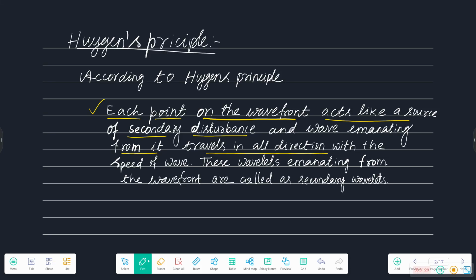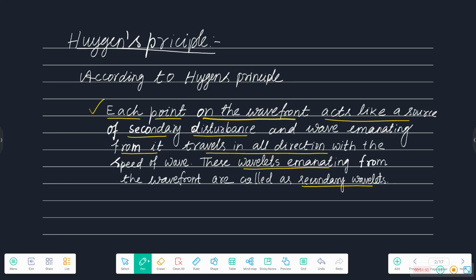So the speed of the wave equals the speed of the wavefront, and each point on the wavefront acts like a secondary disturbance, and whatever waves emanate from there are called secondary wavelets.